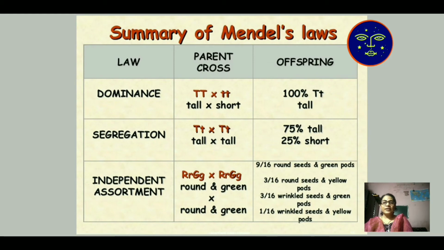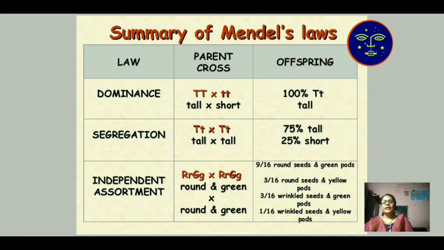In the law of segregation, the heterozygous tall, capital T small t, is crossed with heterozygous tall. The result is 75% tall plants and 25% short plants.